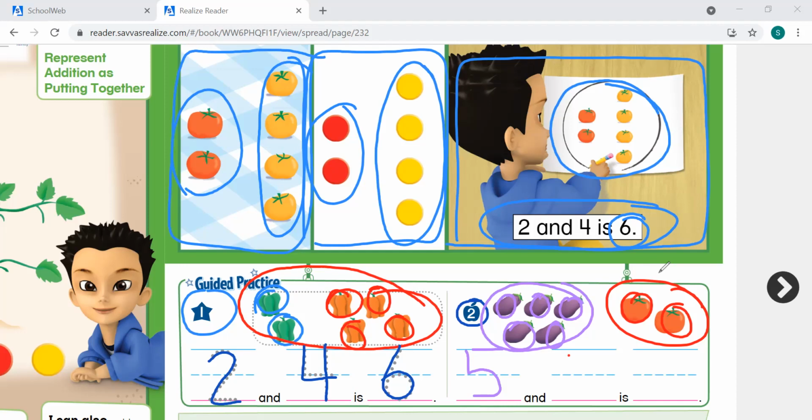So 5 and 2. How do we put these together? We are going to combine the two. 5 and 2 is, so we know that we have 5 in our first group. 5, 6, 7. 5 and 2 is 7.